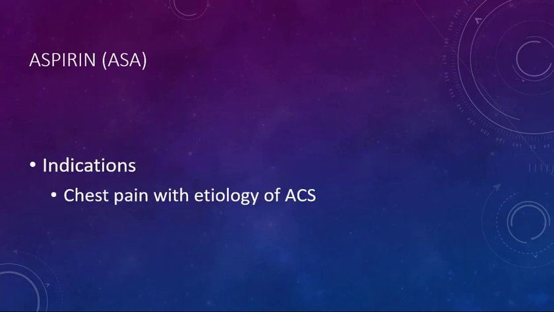Okay, what are the indications? Basically, we're going to give this to any patient that has an etiology, a word that simply means a cause, of ACS, acute coronary syndrome. In other words, our patient is having a heart attack, and we're going to administer this aspirin to help reduce the clotting. Aspirin will do nothing for the chest pain of your patient.